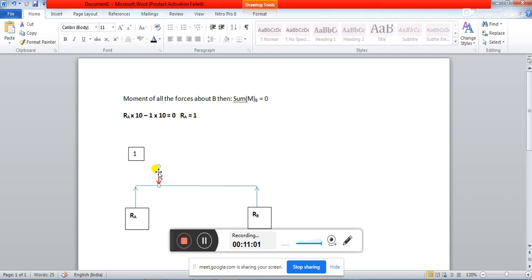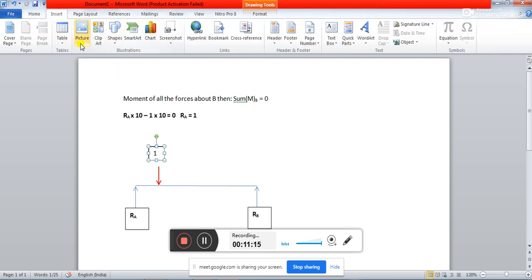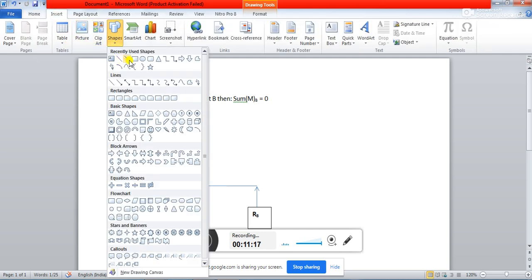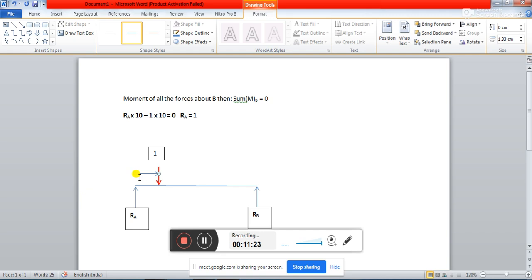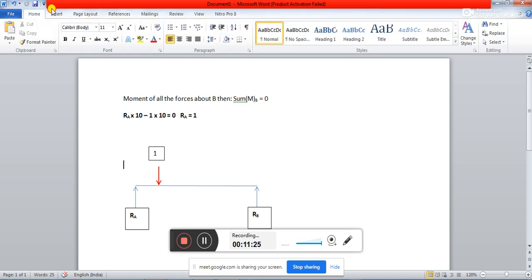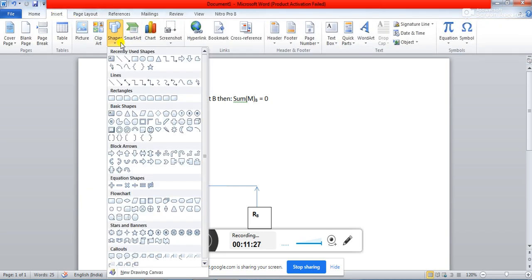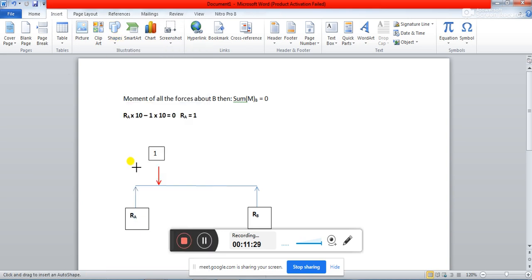So let's say, let us move it by quarter length. 1/4 of 10 is how much? 2.5. So let us move this unit load by another such amount.